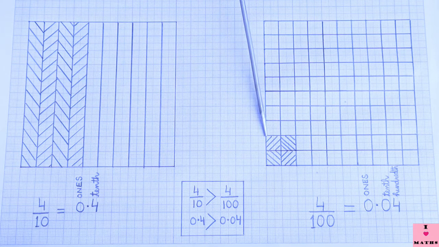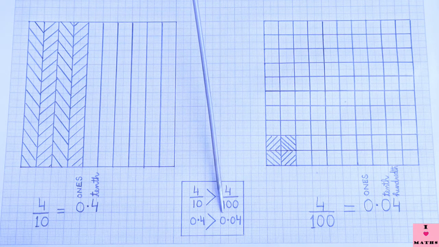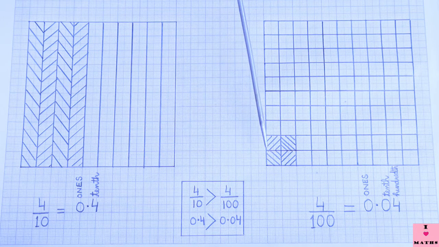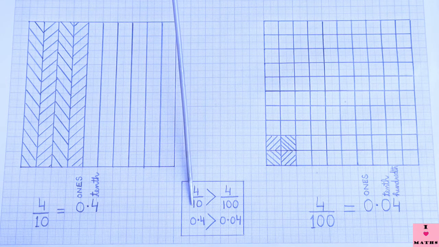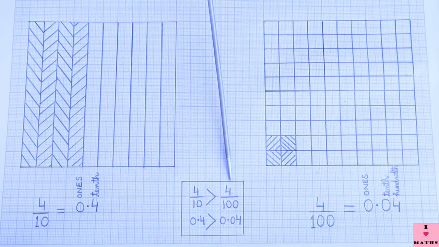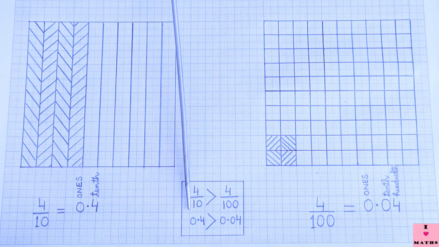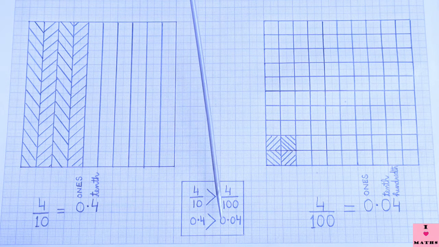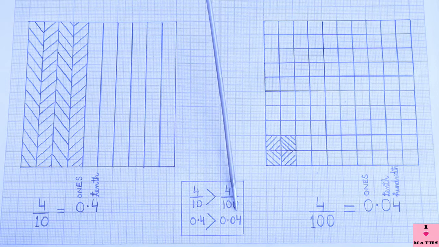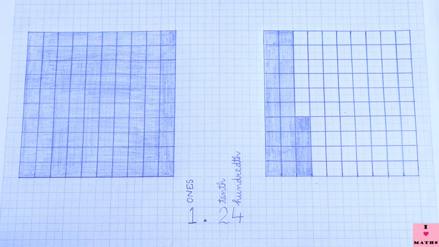Here the same figure has been divided into 100 equal parts, so the parts have become very, very small. So 4 out of 10 is bigger than 4 out of 100. So 0.4, the decimal equivalent of 4 upon 10, is bigger than 0.04.